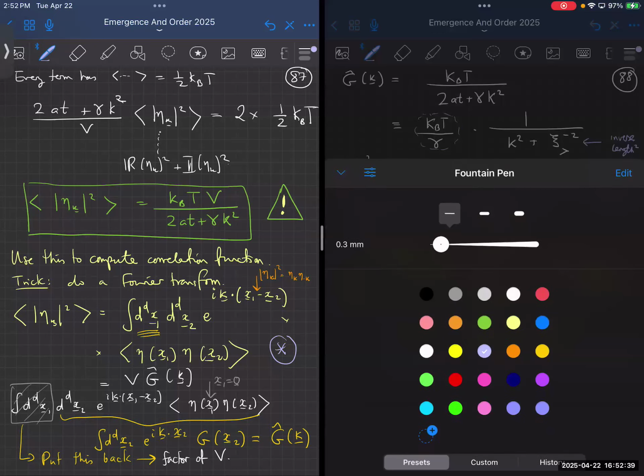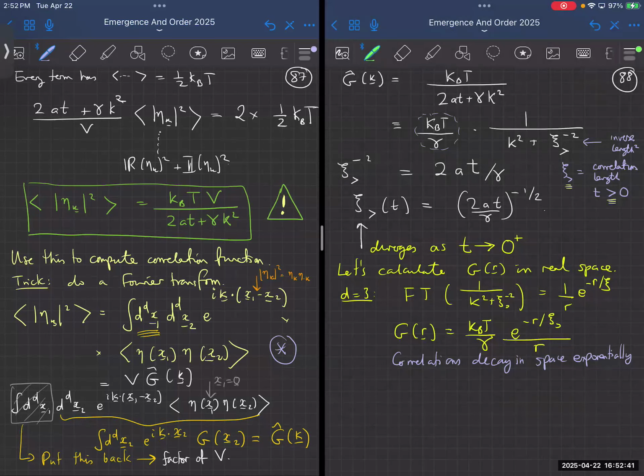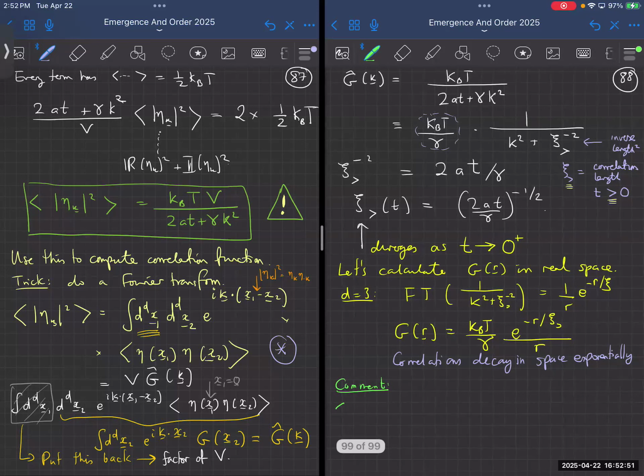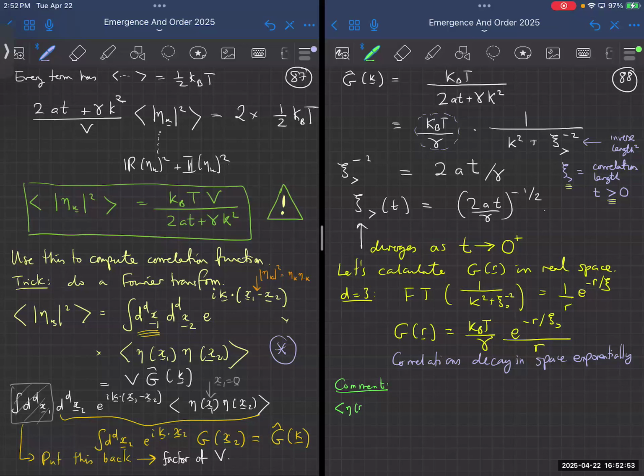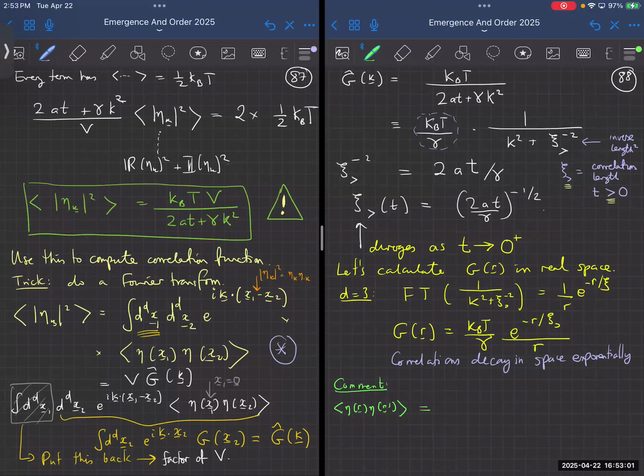So there's one other comment that I want to make. Let's compute for ourselves eta of r, eta of r prime. So the way we're going to do it now is we're going to use our result for the correlation function.